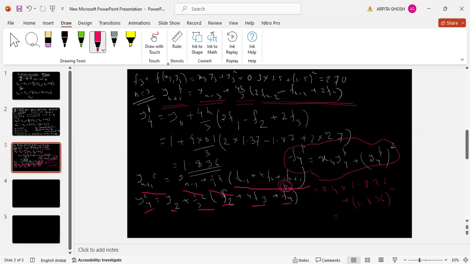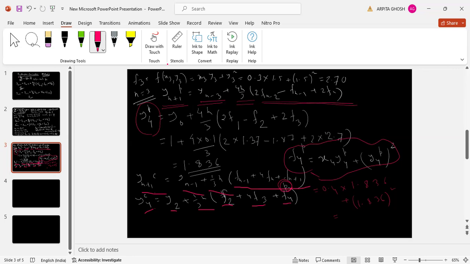So for n equal to 3, we have y4 predicted. তার আগের গুলো সবকটা আমি জানি। n equal to 0 এর জন্য আমাকে y0 বলে দিয়েছে। For n equal to 1, y1 is given to us. For n equal to 2, y2 is given to us. And for n equal to 3, y3 is also given to us.